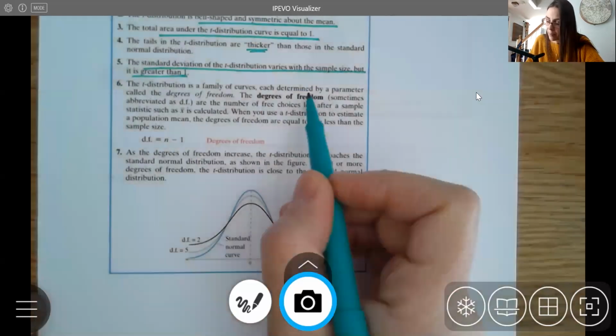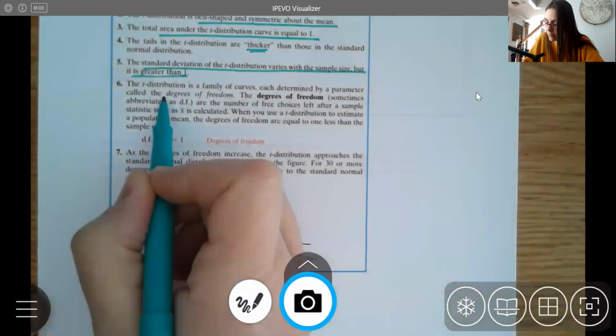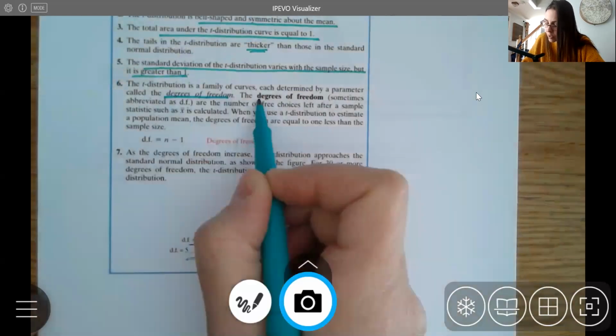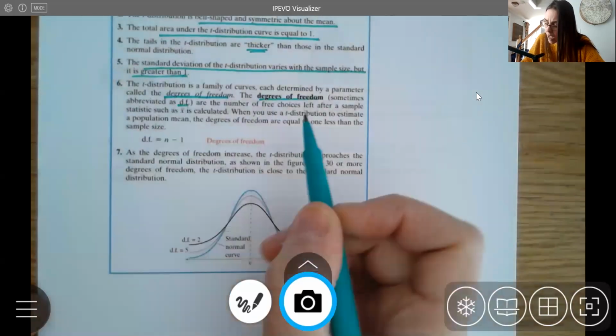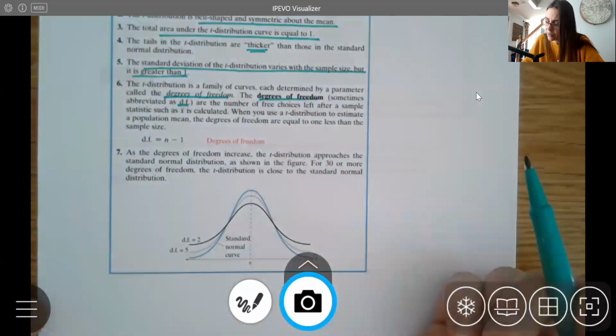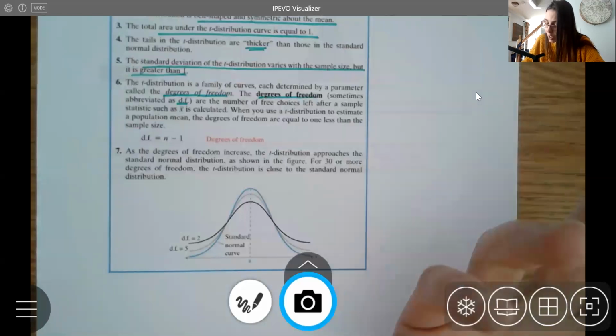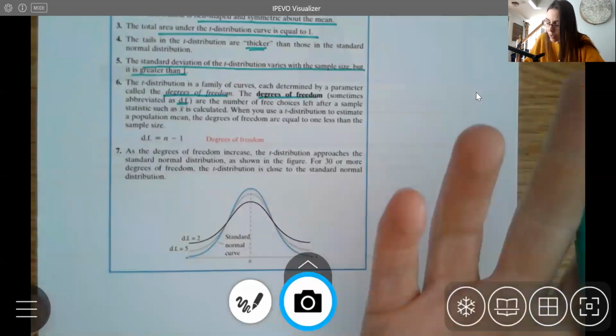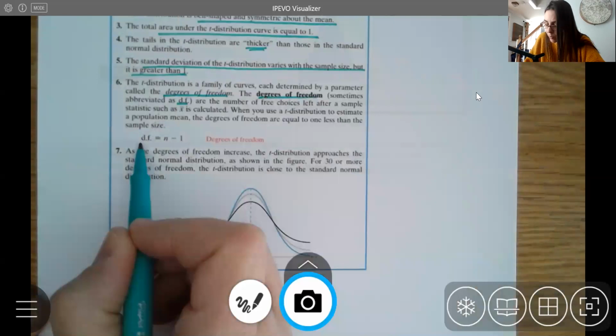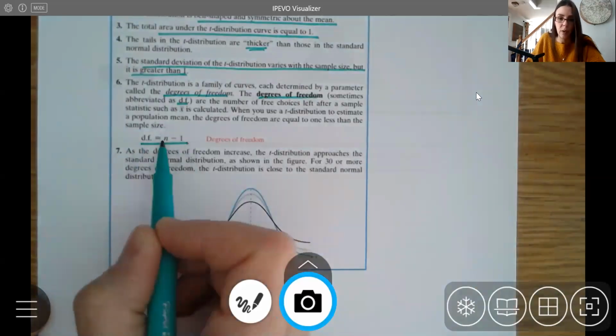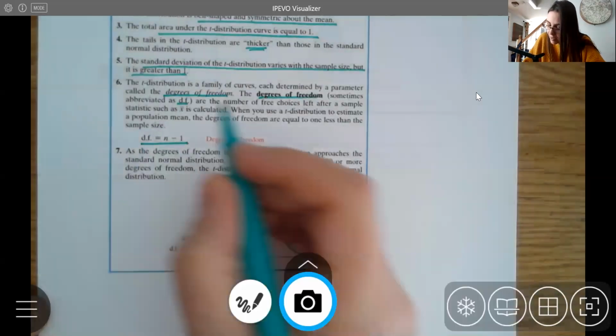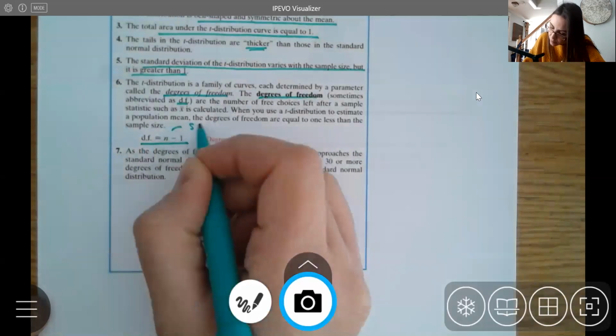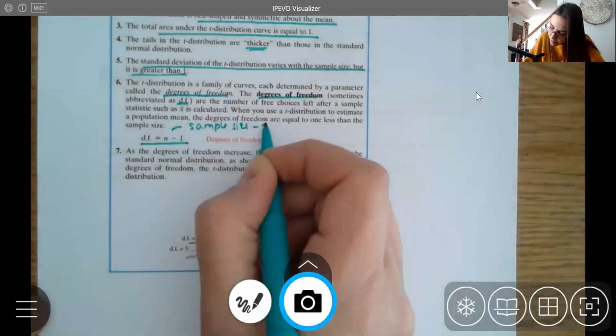Each is determined by a parameter called the degrees of freedom. The degrees of freedom, abbreviated df, are the number of free choices left after a sample statistic, such as the sample mean, is calculated. What you really need to know is that the degrees of freedom is just equal to the sample size minus 1. Okay, so again, n is still your sample size. So df = n - 1.